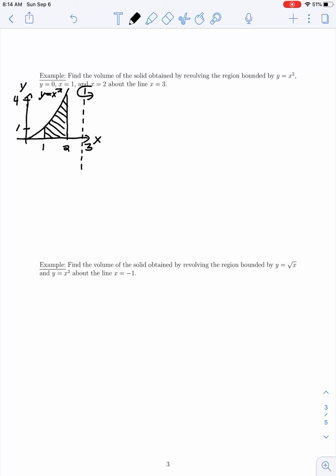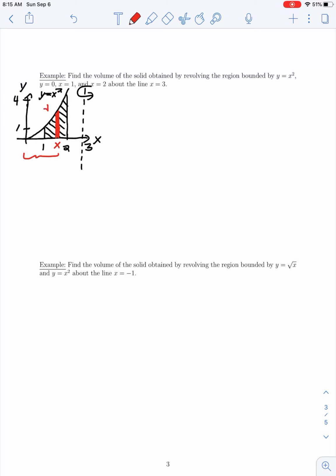So looking at our shaded region shown in this problem, we can see that it would be more easily sliced into little vertical slices, where we would take this slice at a value x, or at a distance of x units along the x-axis, somewhere between 1 and 2.